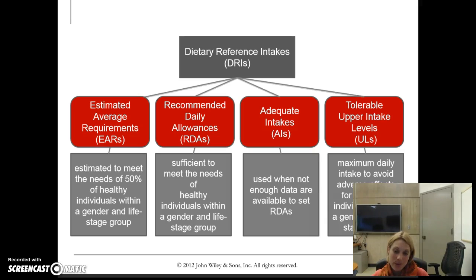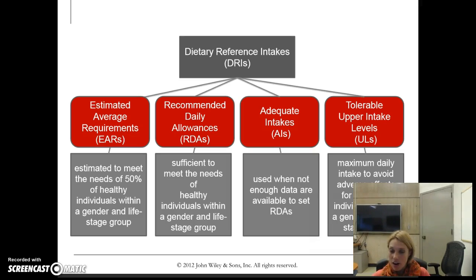If you have a good amount of sun exposure, you're making your own vitamin D, so your need is going to be really different than somebody who lives in Alaska and never goes outside. So the AI is the amount that we look at when we don't have quite enough information to say science knows that you need just this amount of nutrient. It's the amount we use when we're not really sure exactly how much you need, but we think that this AI is going to do it for you.